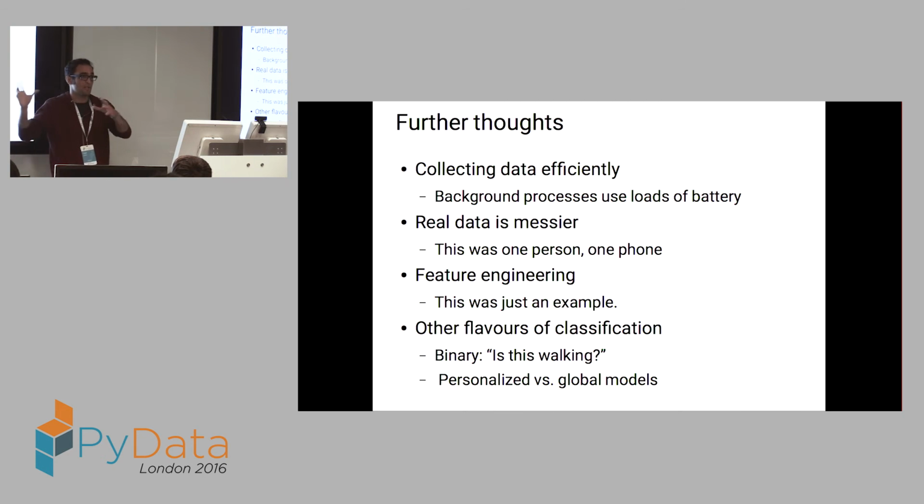And they use that as their training data, but then they're going to be trying to predict other people. So that makes things much more complicated. And one way that you can get around that is by, as you're collecting data from those other people, you use that to tailor your model and make personalized predictions. So can I identify that I am walking versus other people?